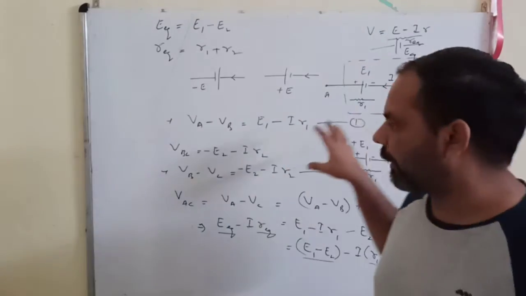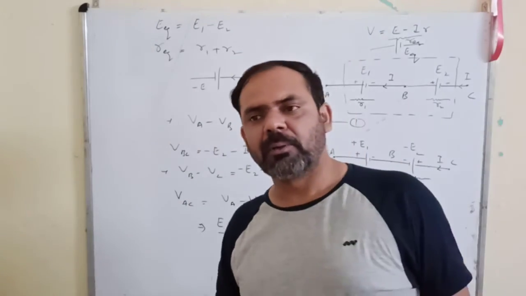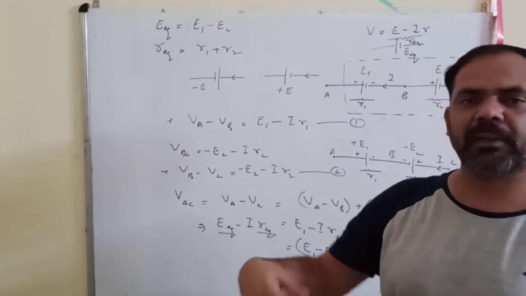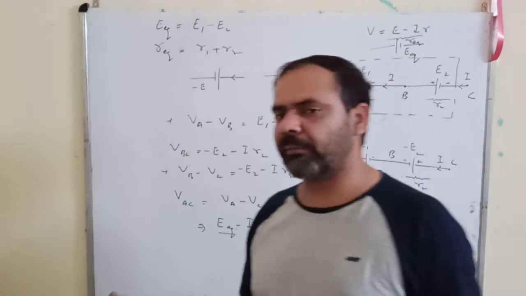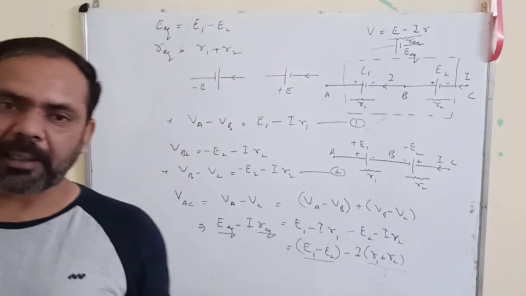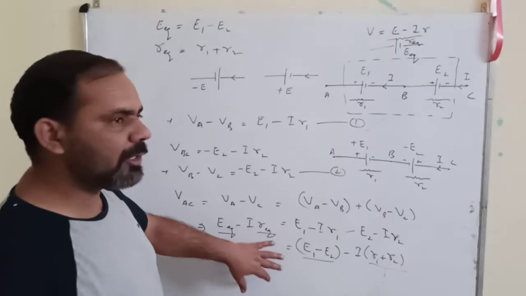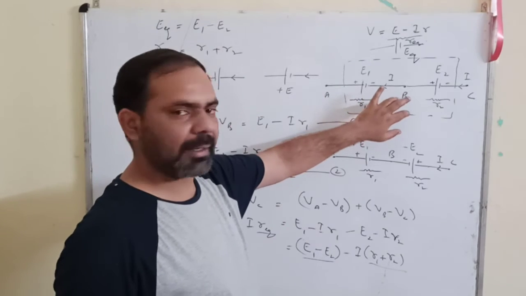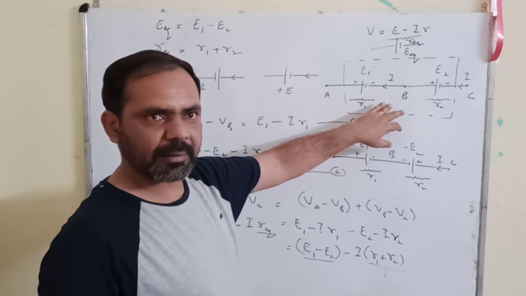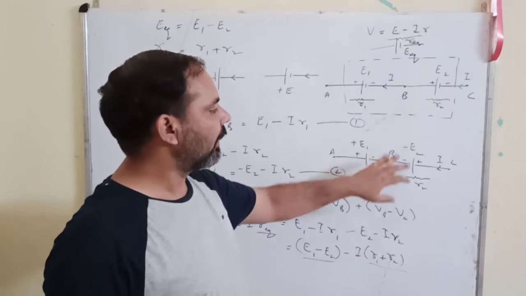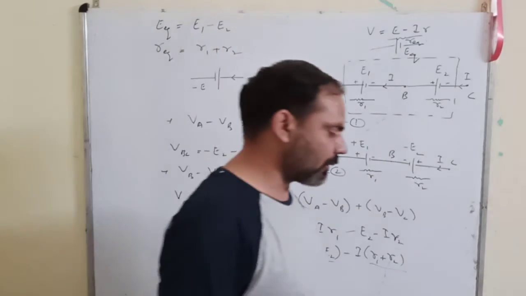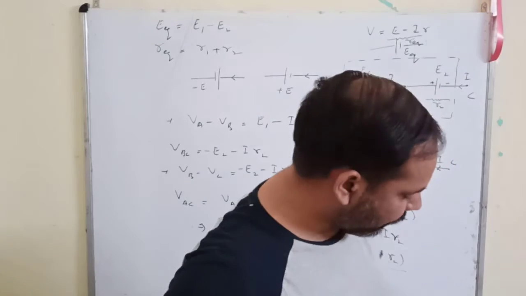Means if you have a series combination of cells, whatever be the type of combination, internal resistance will always be given by the sum of the individual resistances, but EMF will be given by the addition if the combination is like this, meaning unlike terminals are connected with each other. If like terminals are connected, then you obtain it by subtraction. This is your series combination.